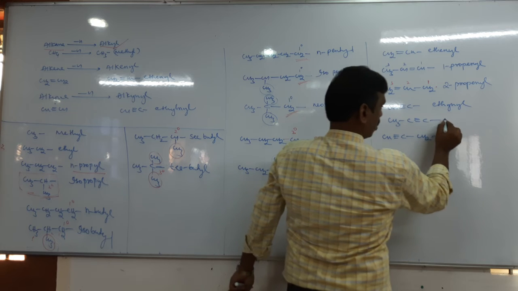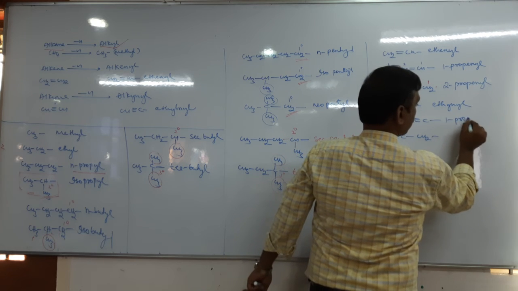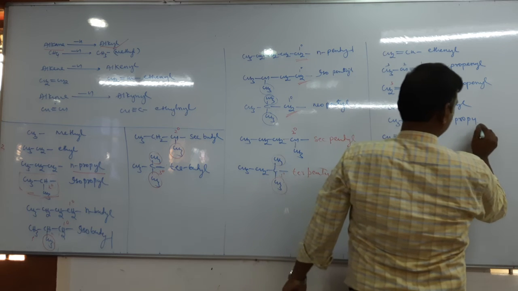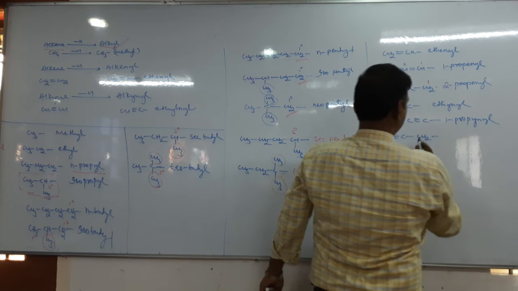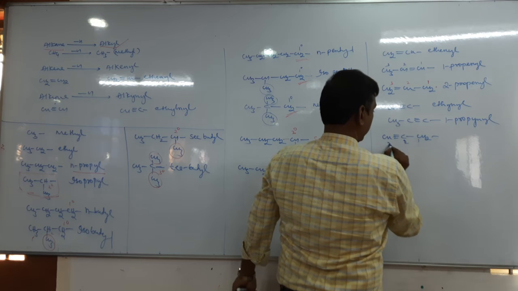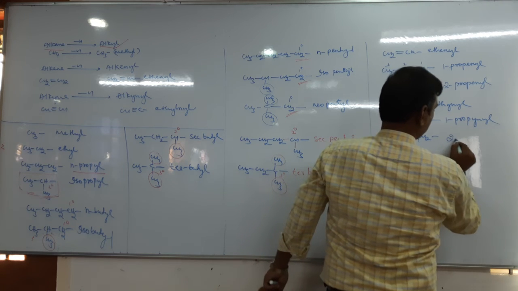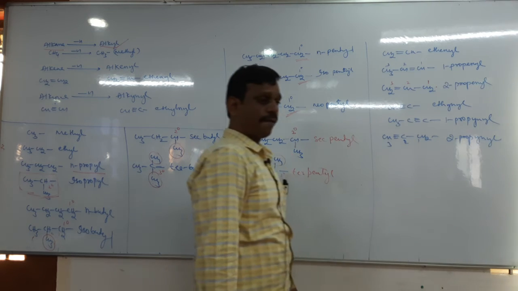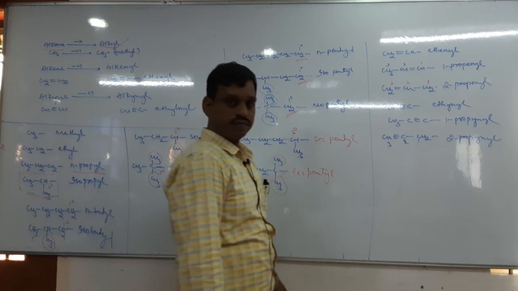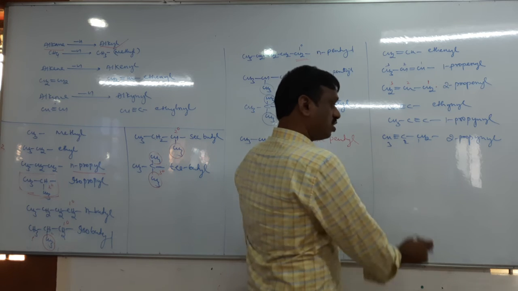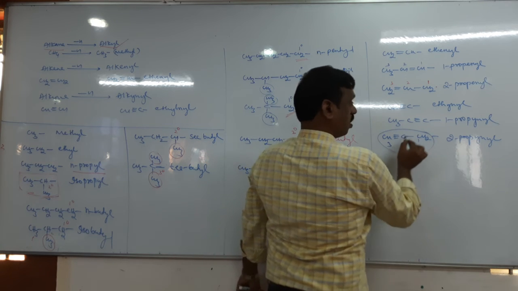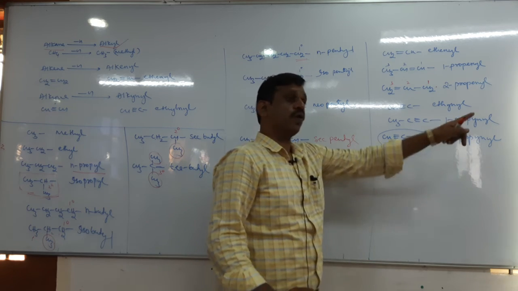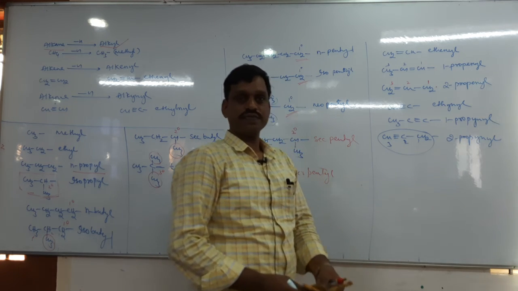Next, it is 1 propynyl. Next, it is 1, 2, 3. 2 propynyl. Okay. So this is a side chain we are studying, like a substituent. If the side chain contains this group, you should write 2 propynyl, like that.